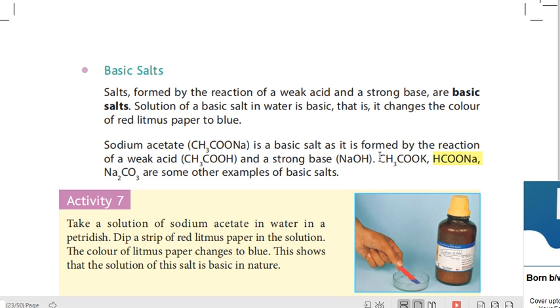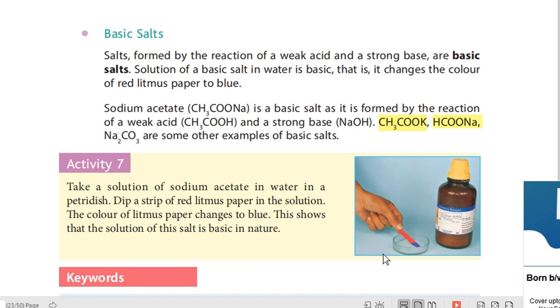Okay. Similarly, potassium acetate: here CH3COO is a part of acetic acid and K is part of potassium hydroxide. So these are the examples of basic salts.